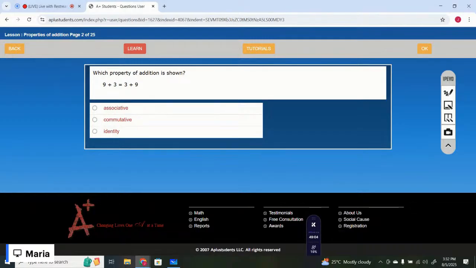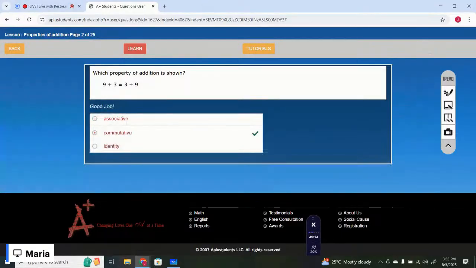Which property of addition is shown? 9 plus 3 equals 3 plus 9. That is the commutative property. Option number 2 is the correct option.